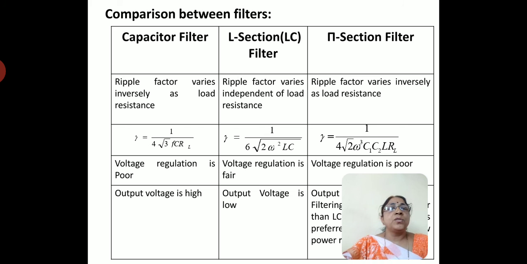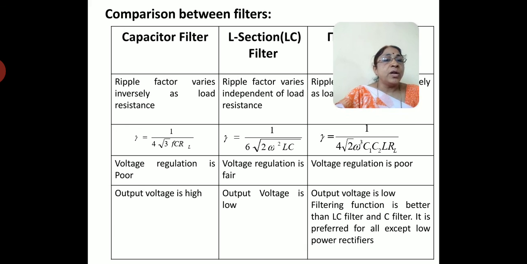In the case of the capacitor filter, the voltage regulation is poor, whereas in the L filter it is fair, and in the pi section it is poor, meaning the output voltage is a little lower compared to the capacitor filter. So the output voltage is high for the capacitor filter, low for the L section filter, and also a little less for the pi section filter.